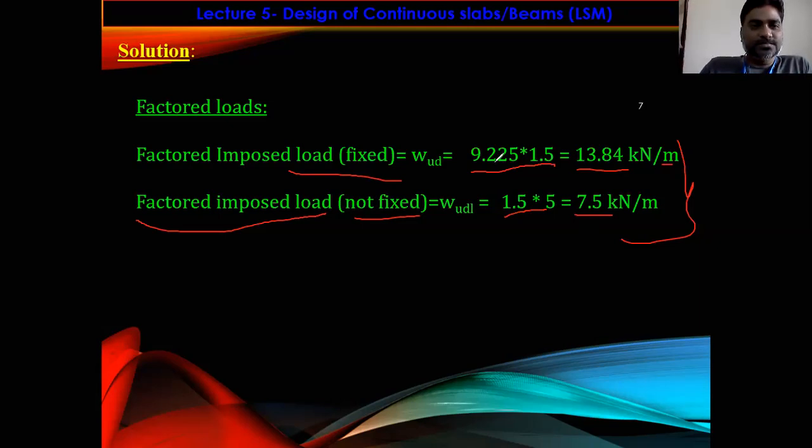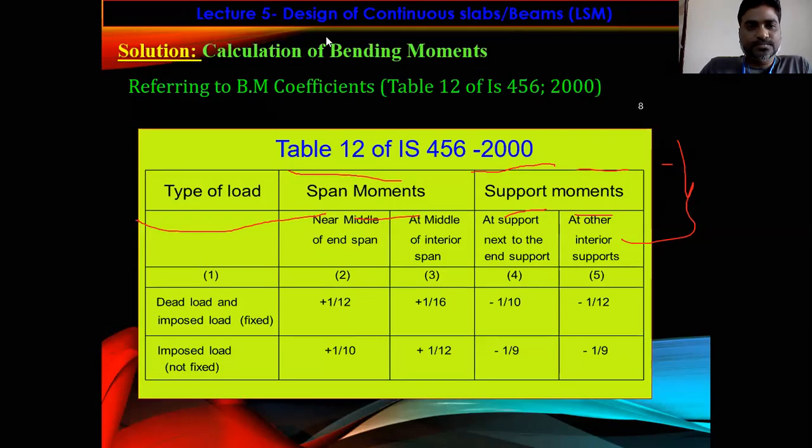Coming to the bending moments, the bending moment should be calculated based on the bending moment coefficients, which are given in Table 12 of IS 456-2000. Here he is asking to design a beam, so you need to determine the bending moments for all cases, that means span moments as well as support moments separately.